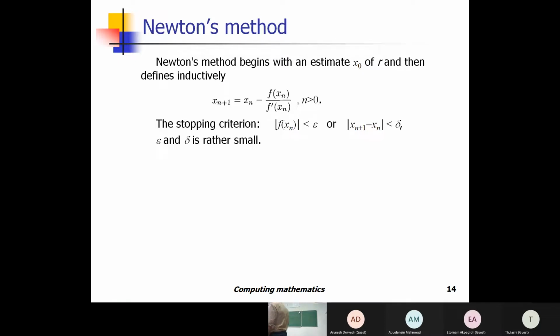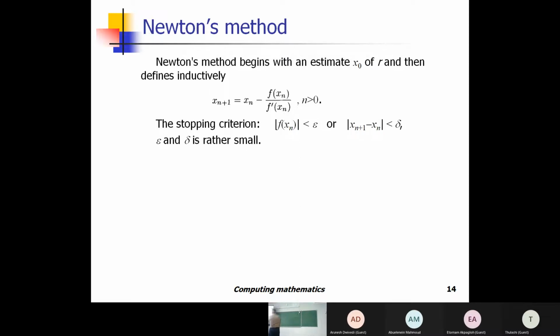Where should the process be stopped? Like in the bisection method, I can apply two criteria. The value of the function is smaller than a tolerance, or the length of the interval is smaller than a tolerance.